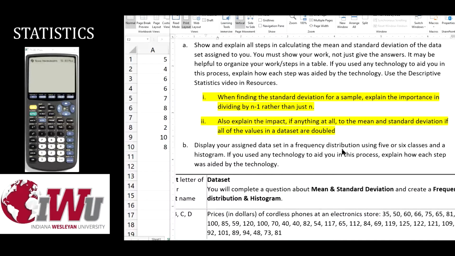Now, I don't want to go too much further into the details of the answer for this because I want to see some good discussion from it. But the answer will revolve around what we just spoke about, sample versus population. And you can also look up various things regarding the n-1 versus n. Most calculators and most programs will have two separate formulas, one that has the n-1 and one that has the n.